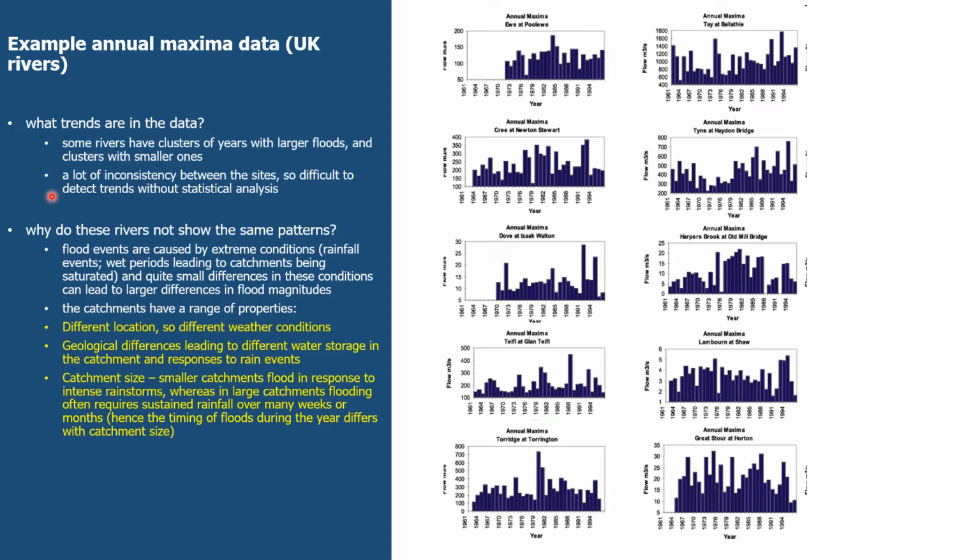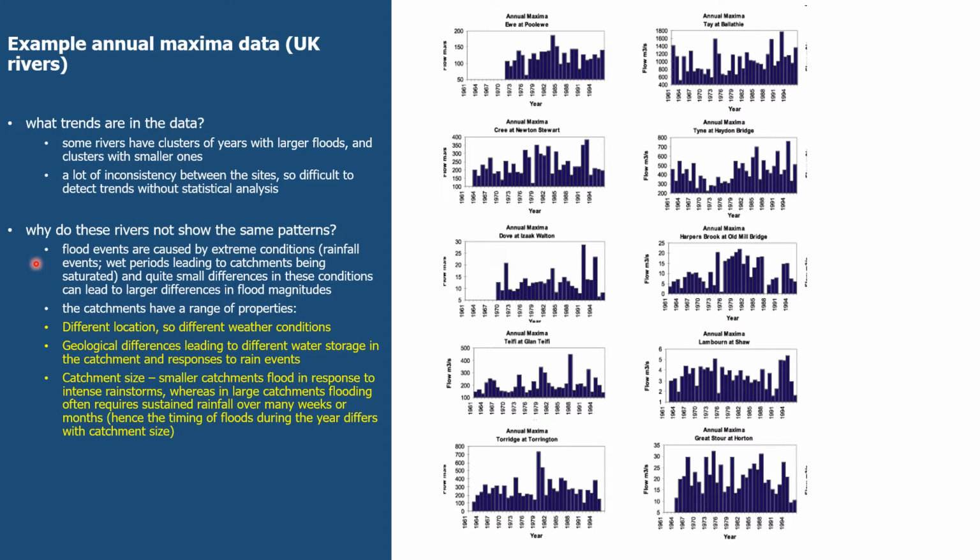So we might ask ourselves some questions. Why do the rivers not show the same patterns? The UK isn't a very big country. Maybe we should expect similarity. Well, remember that flood events are caused by extreme conditions. Rainfall events, wet periods over months leading up to an event, leading to saturation. And quite small differences in these conditions can have quite big effects on flood magnitudes.